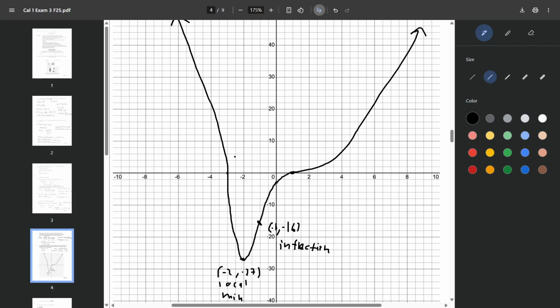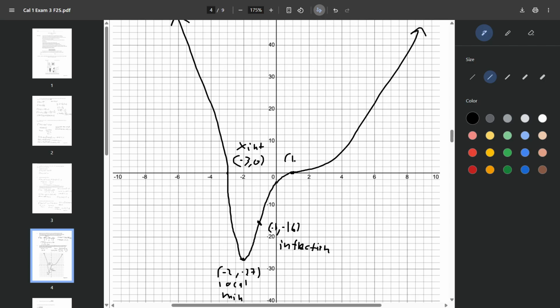Right here, we're going to label this as -3, comma 0, x-intercept.